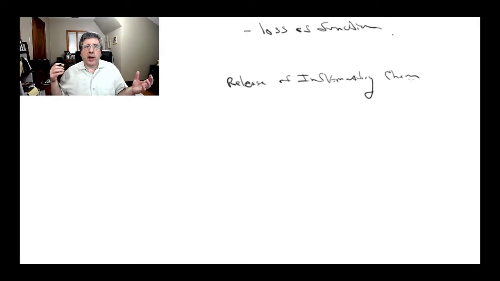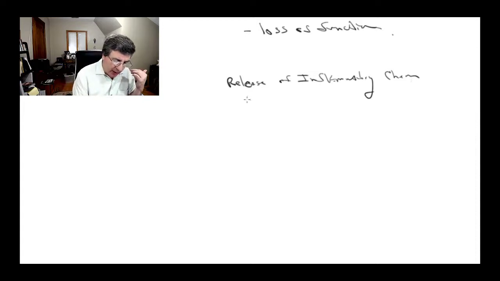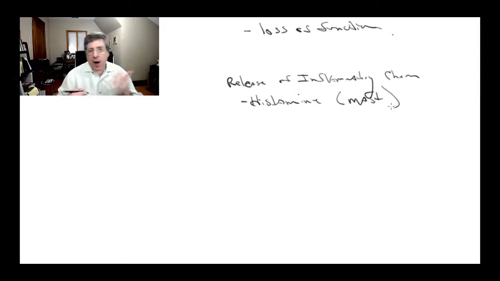A cell very similar to a basophil, but in connective tissue, is a mast cell, M-A-S-T. They release histamine as well. So let me write down histamine here, and put in mast cell, just to give you some correlation.